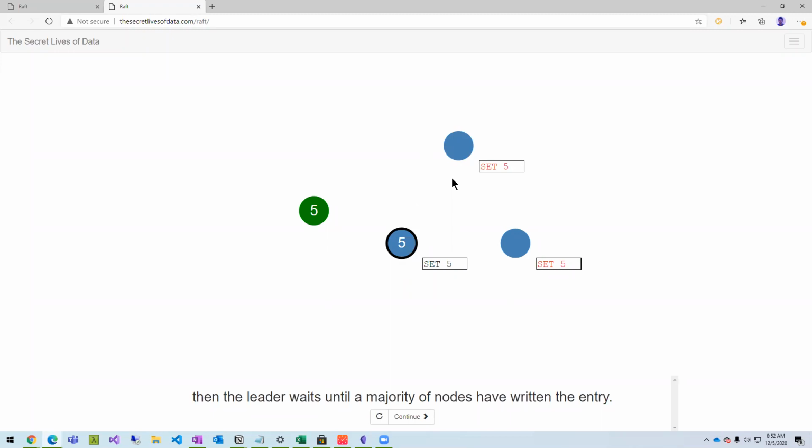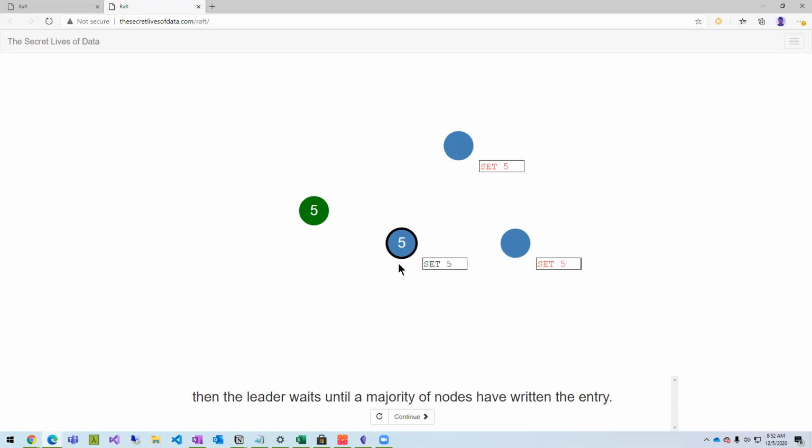Okay, now another scenario is that the leader sent a message to this node, and after sending the message back to the client for commit, the leader dies now. So it has sent the commit message to these nodes and now the leader has died, right?